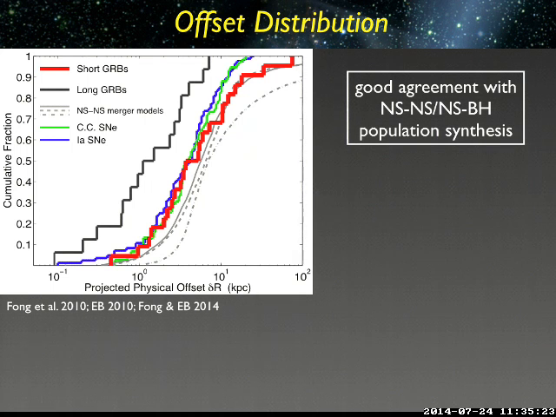In particular, there's reasonable agreement here at the large offset tail of the distribution. But again, I want you to notice that quite a few of them, at least 50%, occur within 10 kiloparsecs. That means that they're at least coincident with the spatial extent of these galaxies, and it's only about a quarter or so that have these large offsets.